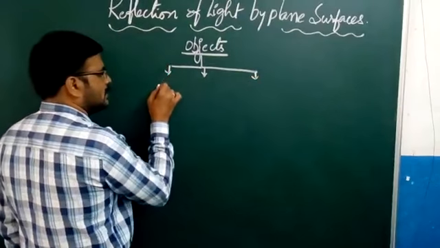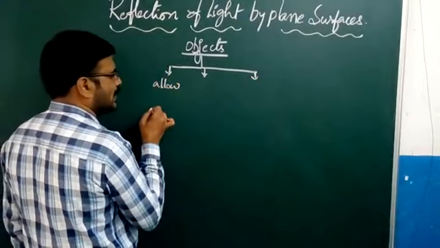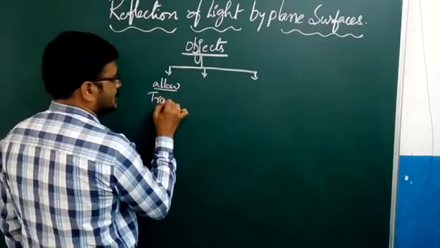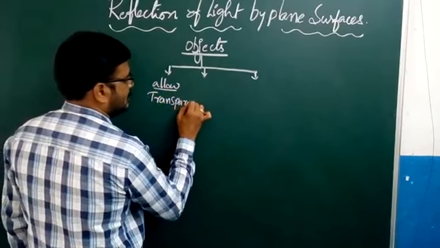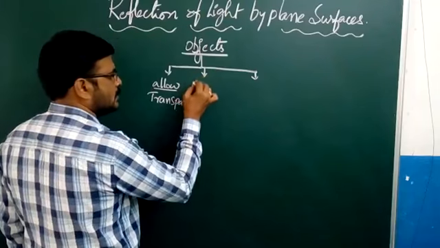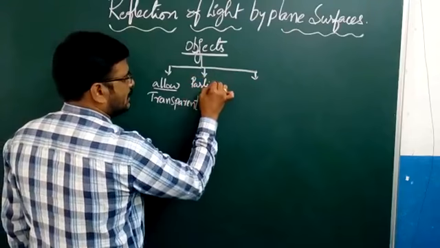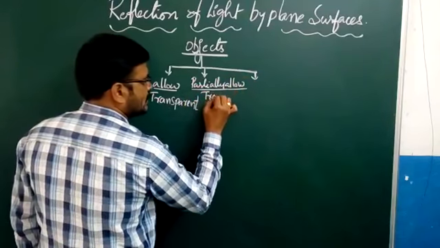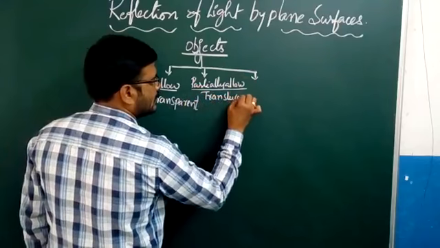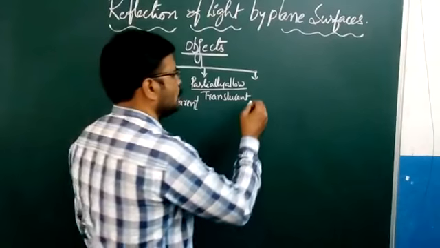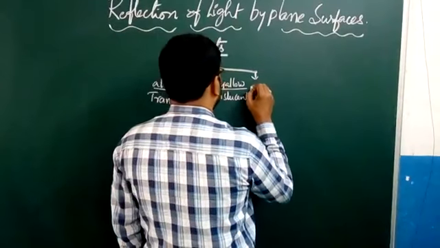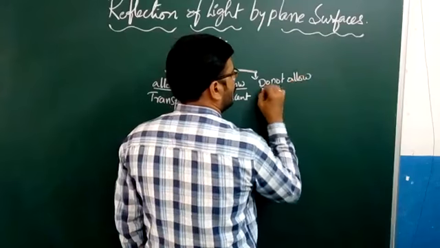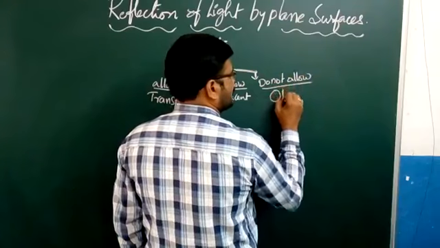The objects which allow light to pass through them are called transparent substances, those which allow light partially are called translucent objects, and those which do not allow light are called opaque substances.